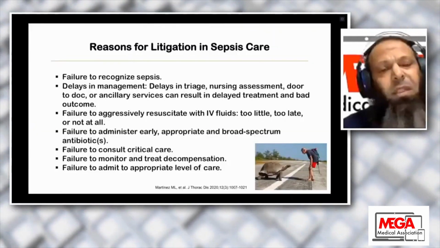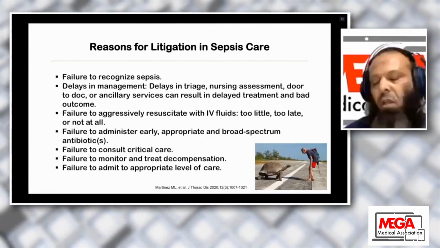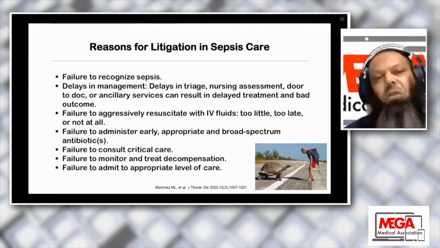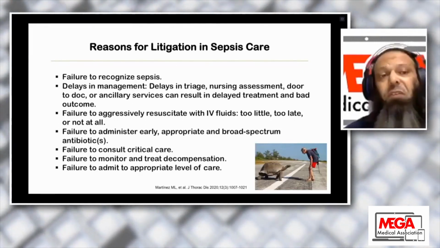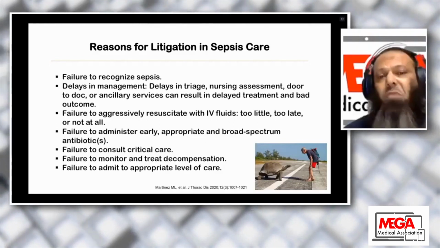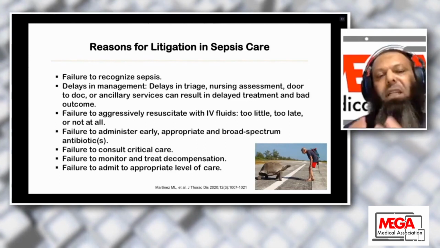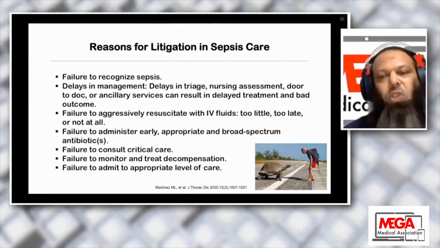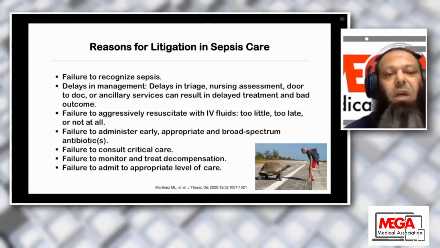What are the common reasons for litigation in sepsis care? This is very common when you have a medico-legal issue regarding sepsis care or sepsis management. First is the failure to recognize sepsis and delay in management, like delay in triaging, nursing assessment, door to doctor, ancillary services. Those can result in delayed treatment and bad outcome.